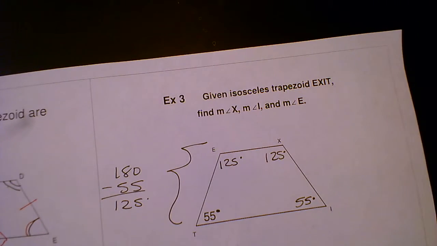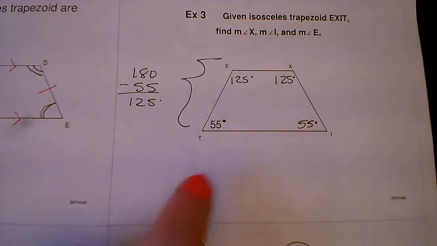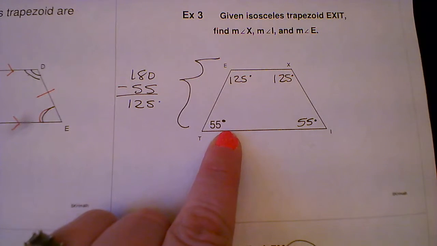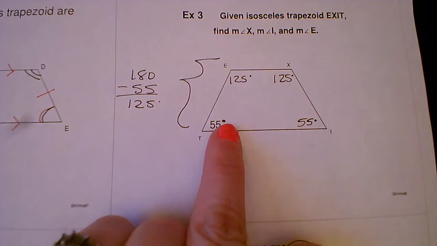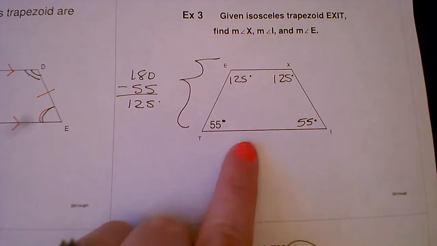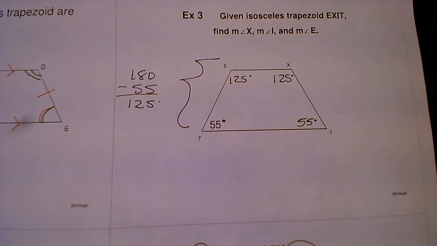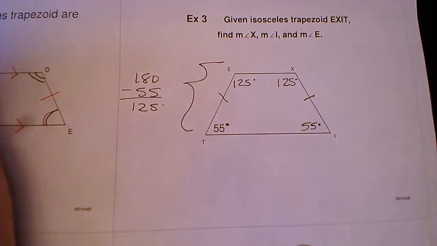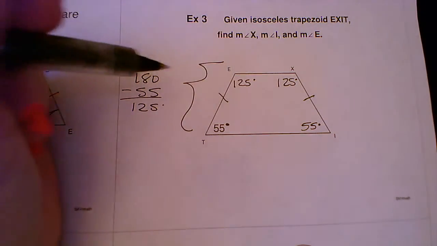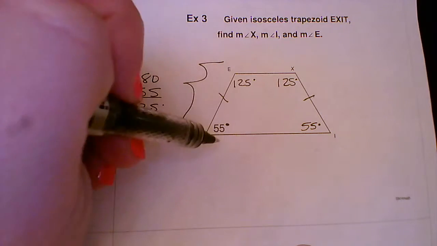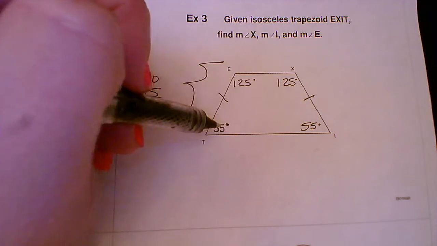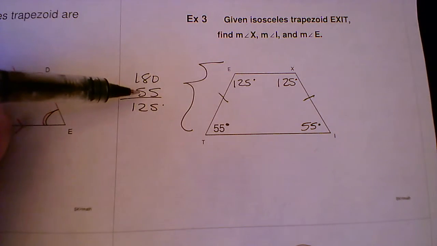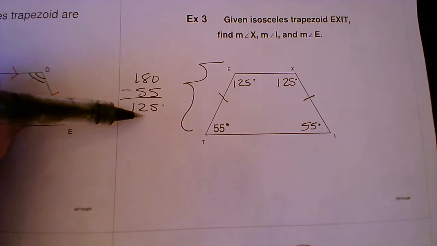So in example 3, I was given that angle T is 55. Instead of opposite angles being congruent here, it's where the base angles are congruent. It says that it's an isosceles trapezoid, so we know those two pieces are congruent. I know my two non-consecutive base angles are supplementary, so 180 minus 55 is 125.